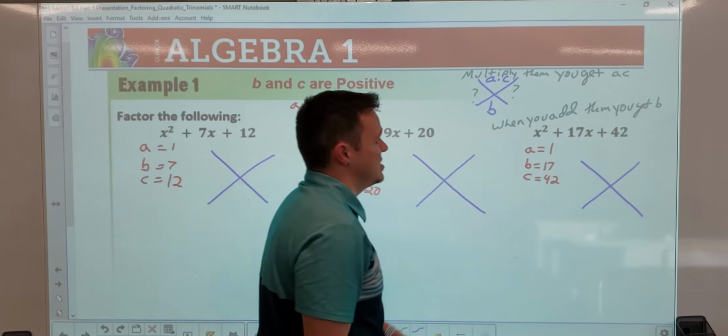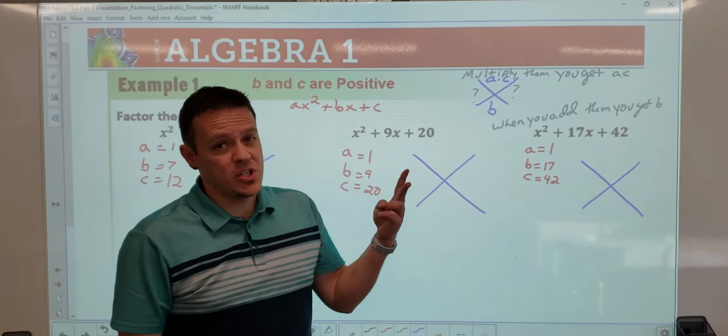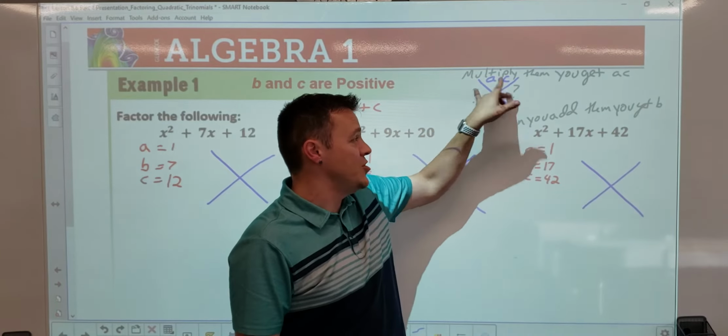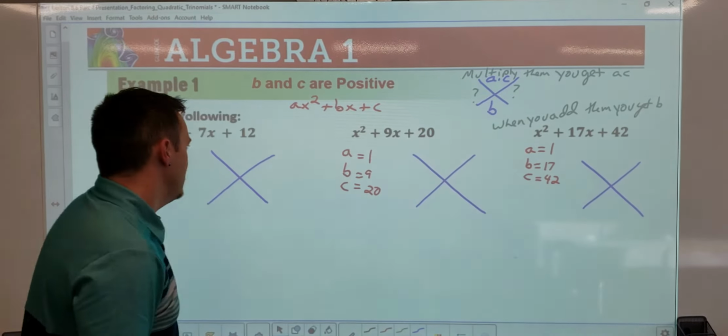All right, so what that means is, what 2 numbers can we multiply together to get a times c, and when you add them, you get the letter b. Now I'll show you what I'm talking about here.